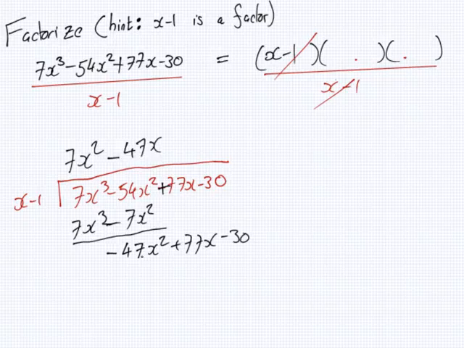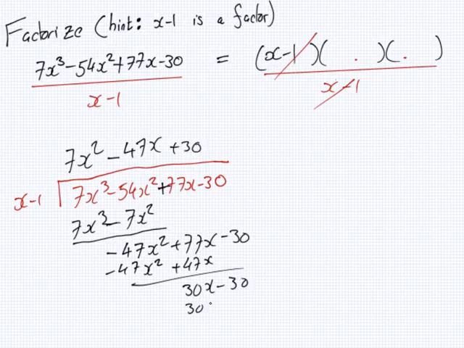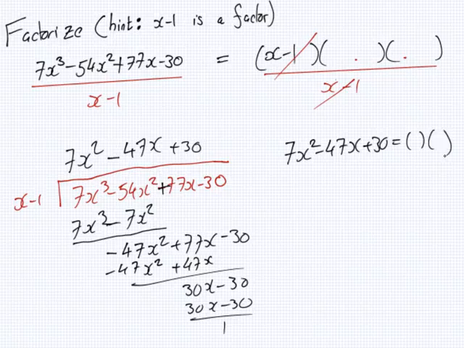Minus 47x squared plus 47x. Oh, that's nice, because that leaves me with 30x minus 30. So lastly, 30x minus 30. That's that one. So what you're saying now is 7x squared minus 47x plus 30 equals the 2 factors.